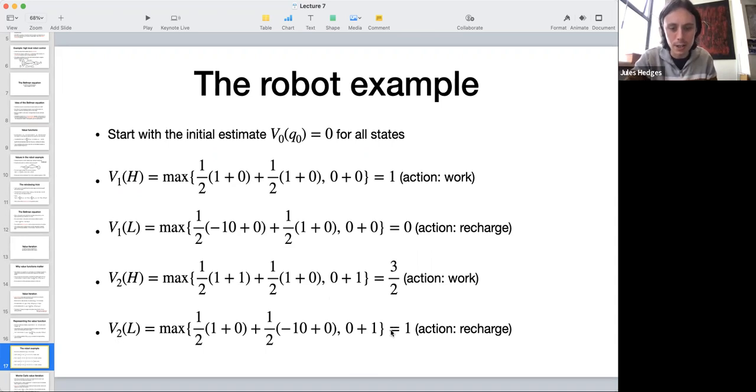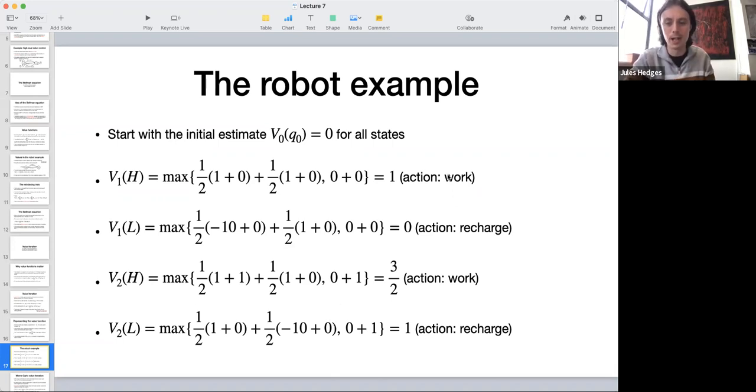I just realized this is not quite right because I have forgotten to put in my factors of beta here. There are some missing factors of beta, which means that the answers I got here are not quite right. But the general idea is right: these are going to increase a bit, but in each case, the value of the high state is going to be lower than the value of the low state.